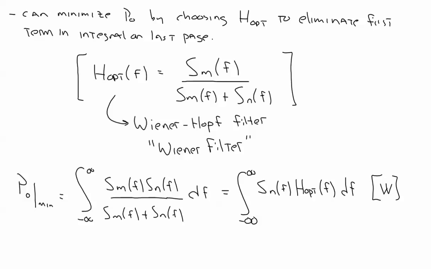And of course the units are watts. So this is the minimum output noise power after optimum filtering. Okay? All right, so let's do an example and take a look at how this might look.